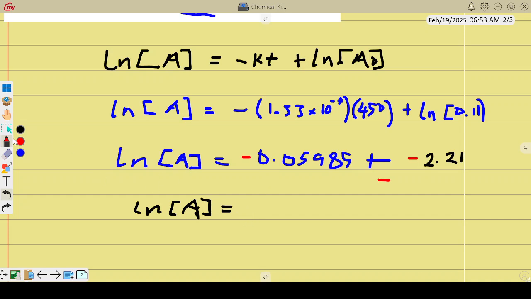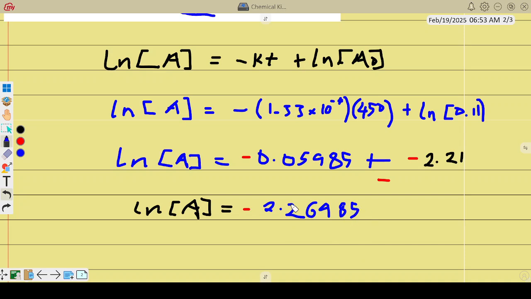You are going to have negative 2.26985. Usually when you're working out problems like this, you don't have to round off to a few decimal places.